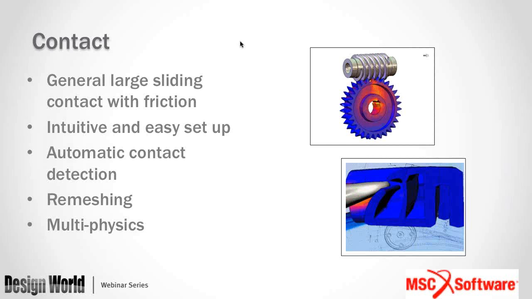One is making it more accurate and efficient. And secondly, making the setup process much easier and more intuitive. With this approach, you don't have to know which bodies come into contact, where and when, and so on. All these things are automatically determined as the solution progresses. All you, as a user, need to define is the components that could come into contact as contact bodies.